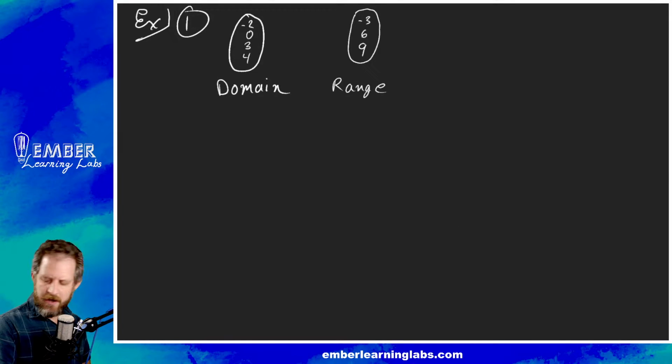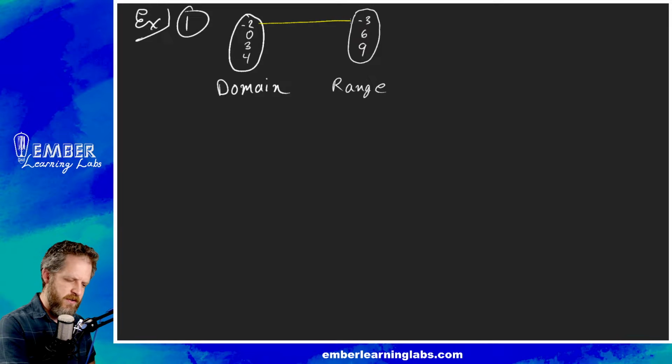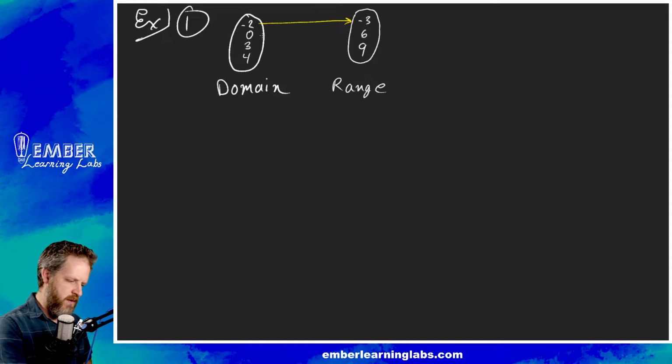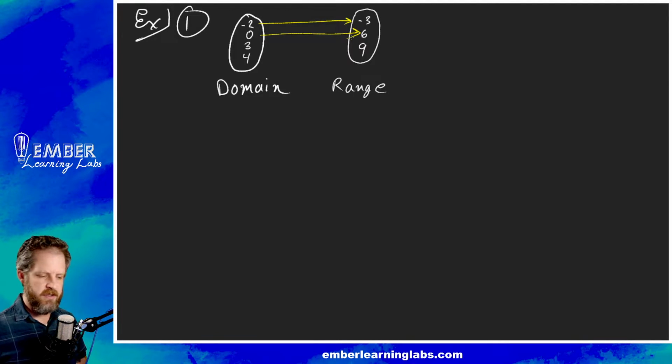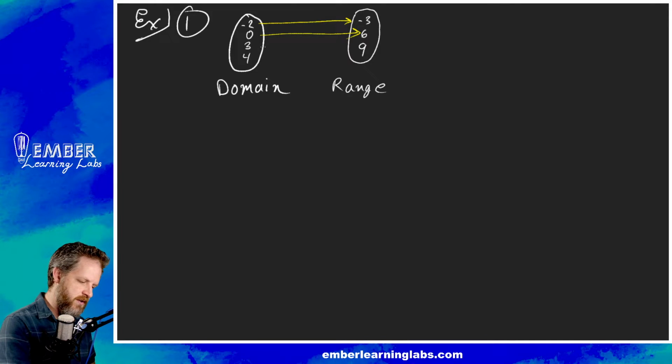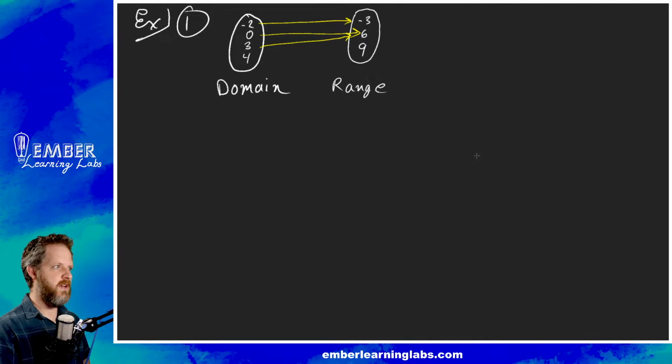Okay. And then it's going to be mapped this way. The -2 is going to be mapped onto the -3. The 0 is going to be mapped onto the 6. The 3 is going to be mapped onto the 6. I got a little bit crazy. Hopefully that makes sense.